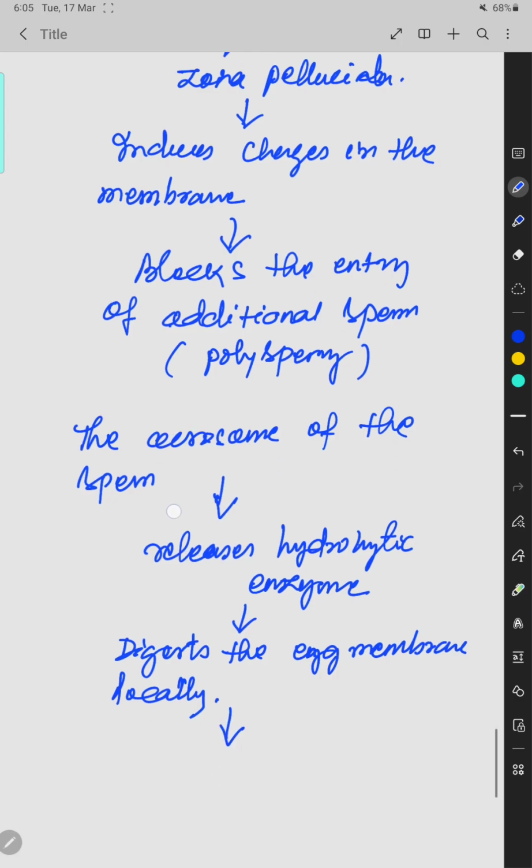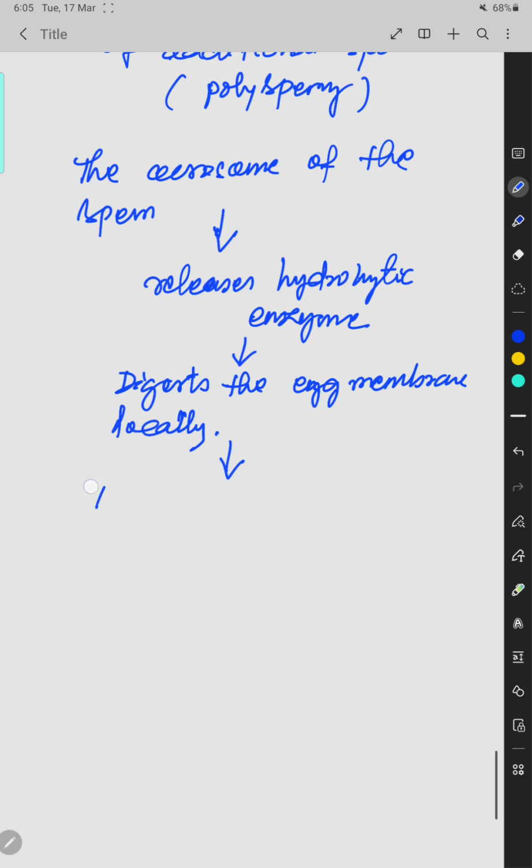Then what happens? The sperm enters into the ovum. Now what do you think, does the whole sperm enter into the ovum, or only some part of the sperm? Yes, it is only the head.